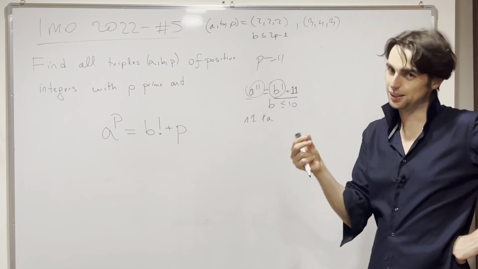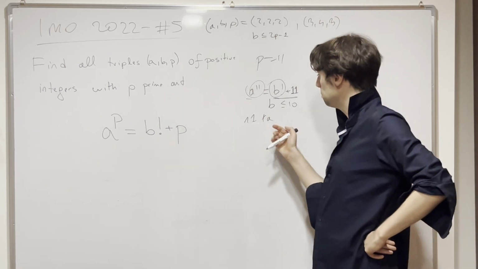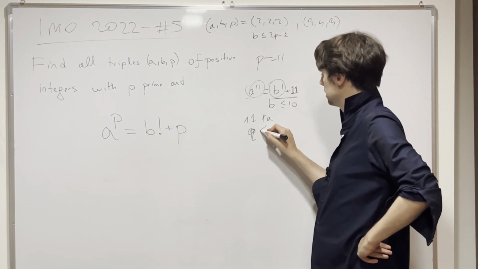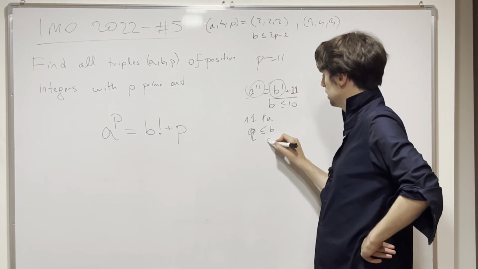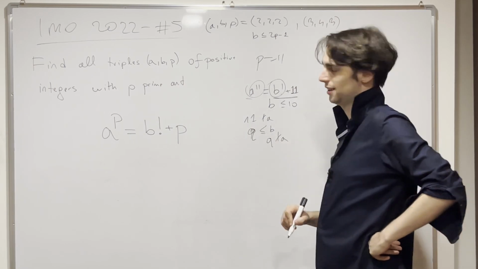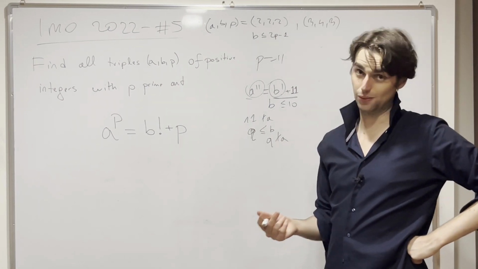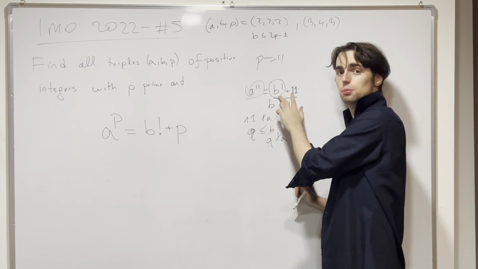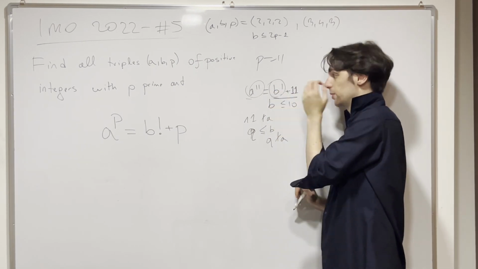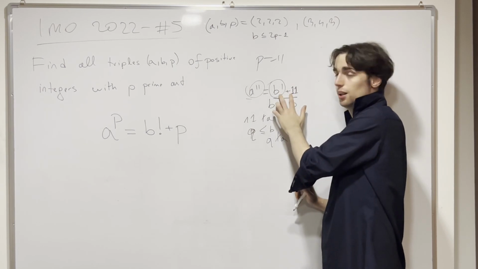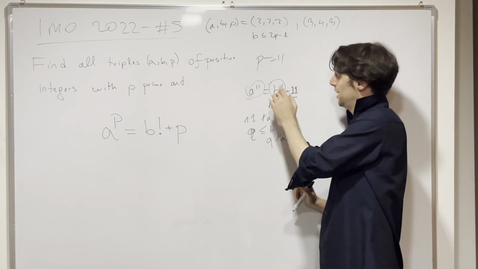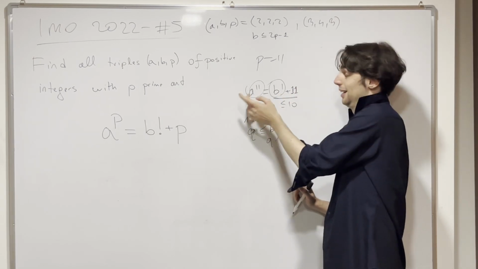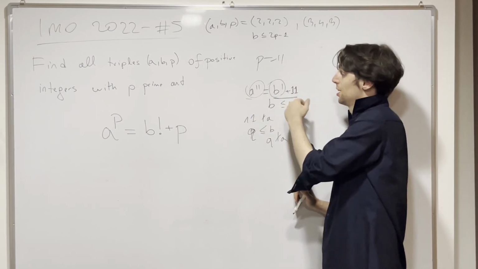Again, sometimes you need to go back to the basics. If a prime number, say Q, is less than or equal to B, then Q cannot divide A. Because if it did, if B is greater than or equal to 2, this number is odd, so 2 can't divide A. If B is greater than or equal to 3, this number is not divisible by 3, so 3 can't divide A, and 2 again cannot.